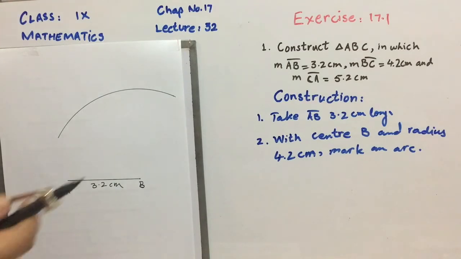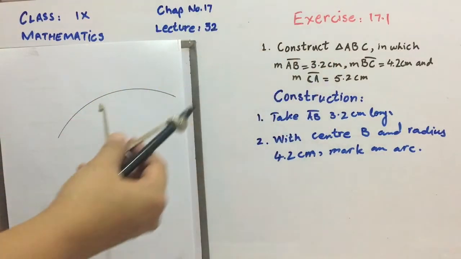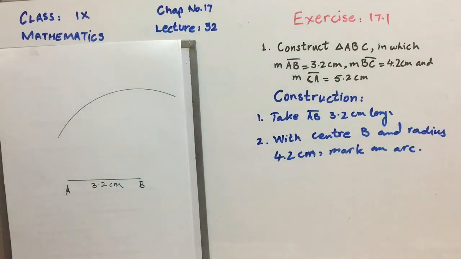Next measurement is 5.2 centimeters, which is the length of CA.